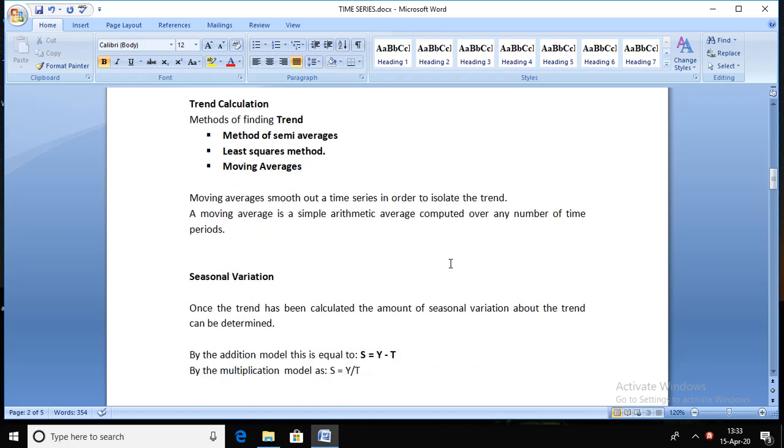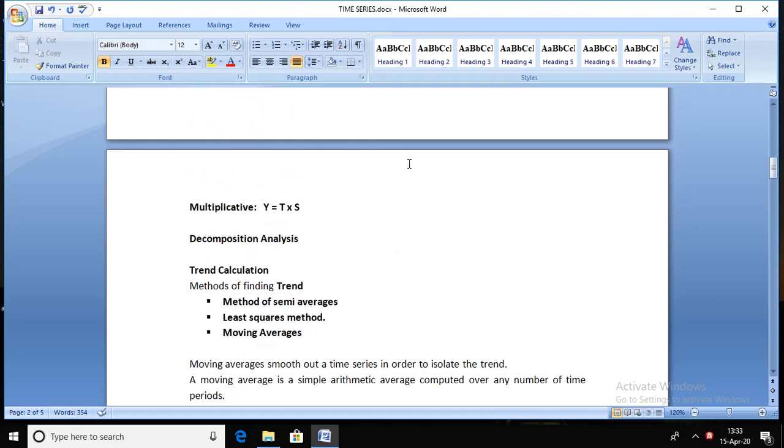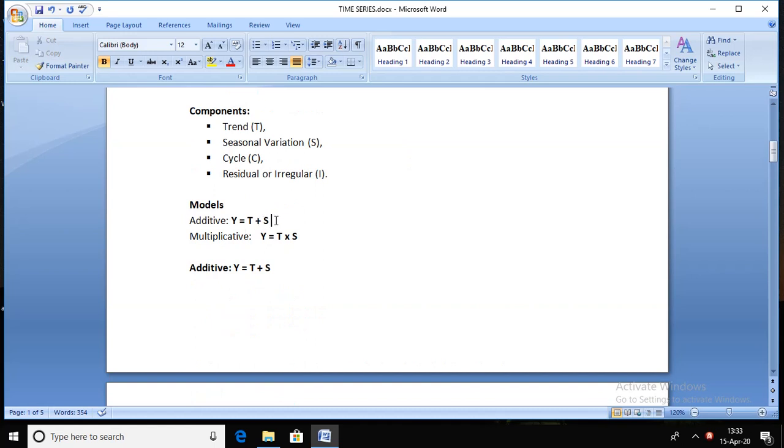How do we calculate the seasonal variation values? With the seasonal variation, you just have to make S the subject of the formula. For example, in the additive model, we said y equals t plus s. Make s the subject. S will be equal to y minus t. When t shifts to the other side of the equation, it changes the sign from positive to negative.